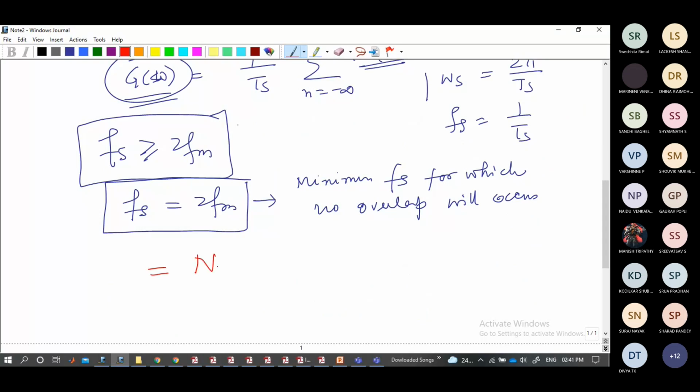And this particular condition, fs equal to twice fm, is called the Nyquist rate. Very important factor. Nyquist rate is the minimum rate that you can consider for any sampling. It cannot be less than that, because then it will be under sampling, and I'll tell you about that also.